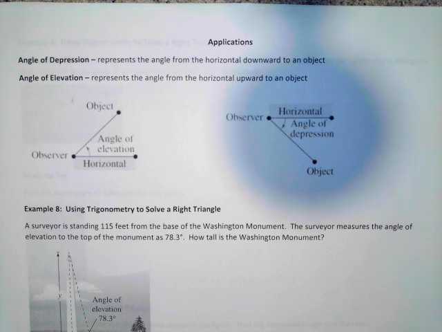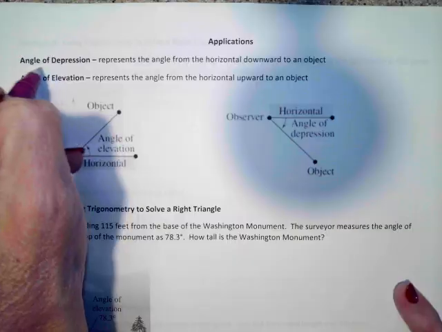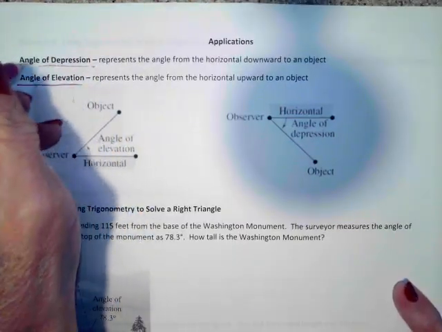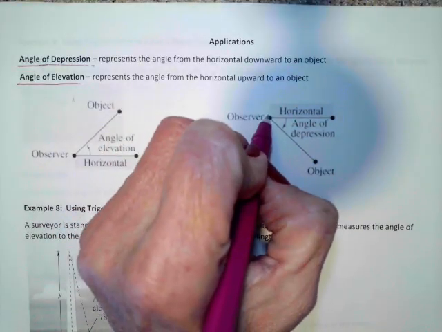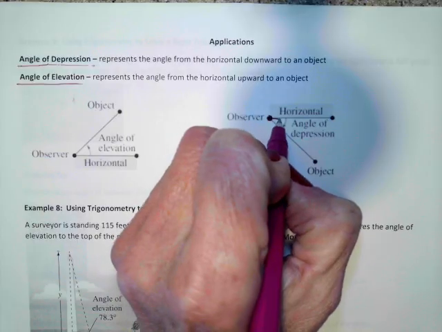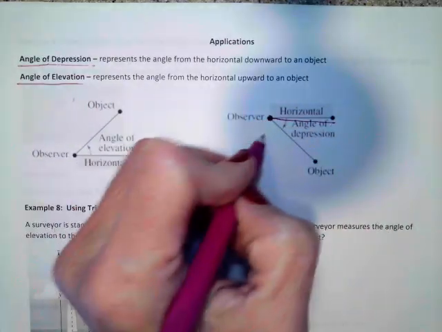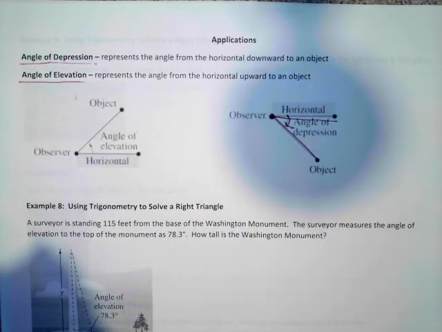So today we are going to be working on applications dealing with right triangle trig. The first two terms we're going to learn are angle of depression and angle of elevation. For the angle of depression, wherever you are, you're going to draw a line of eyesight first, and then a line down to where the object is.